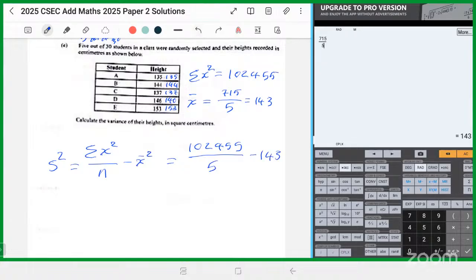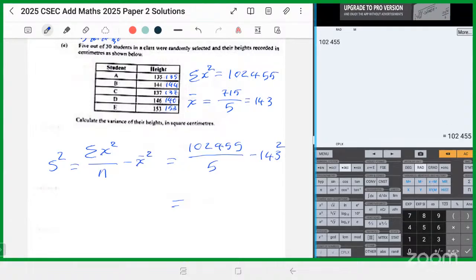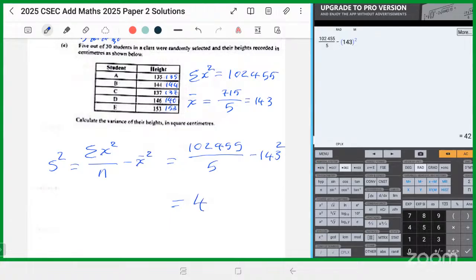That's going to give us our answer. Let's just do that. 102,455 over 5 minus 143 squared. 42. And that is centimeters squared.